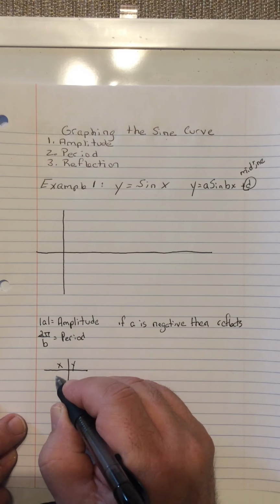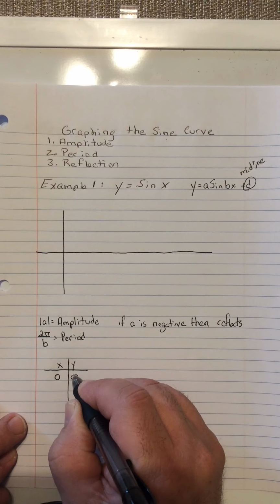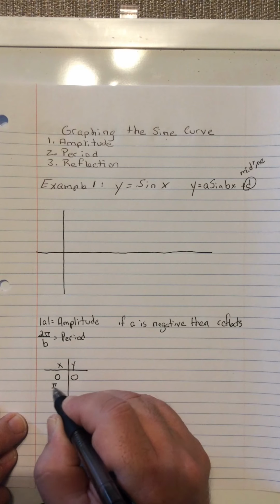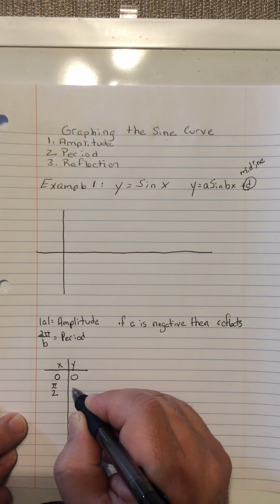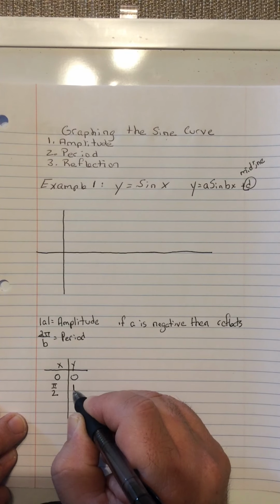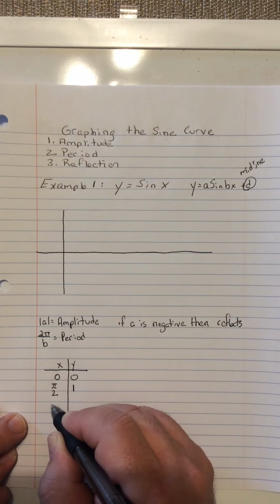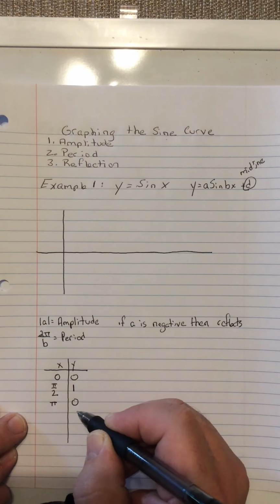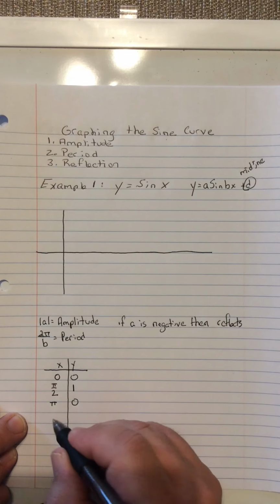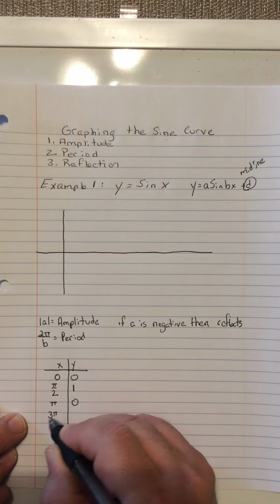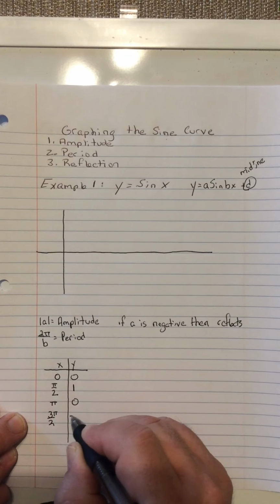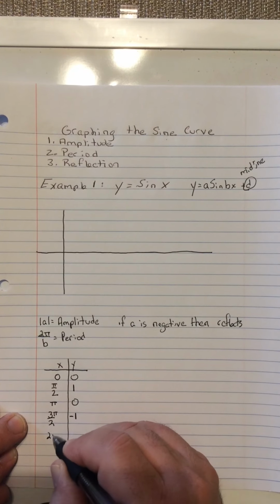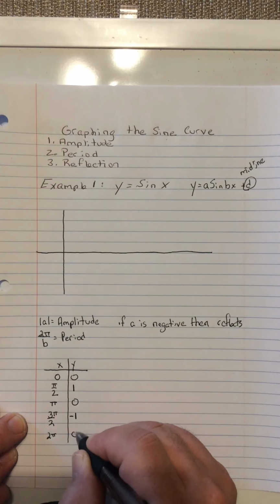When x was 0, y was 0. When x was pi over 2, y was 1. When x was pi, y was 0. When x was 3 pi over 2, y was negative 1, and when x is 2 pi, it's back to 0.